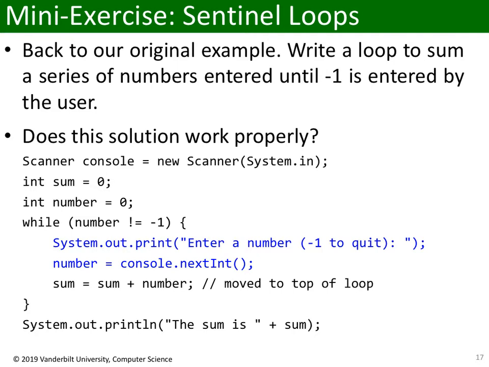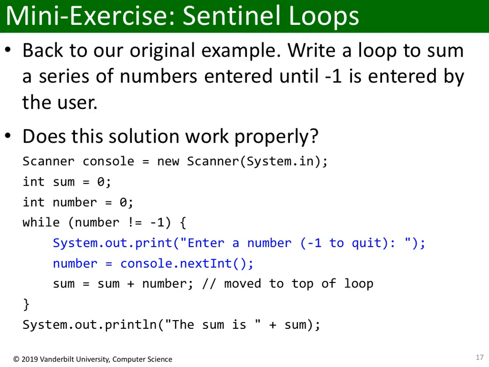Then inside our loop, while the number is not equal to -1, we are going to prompt the user for a number, get the number, and then sum that number together with the current sum, and then jump back to check and see if we need to exit the loop.